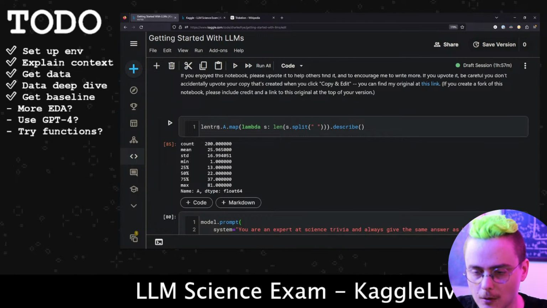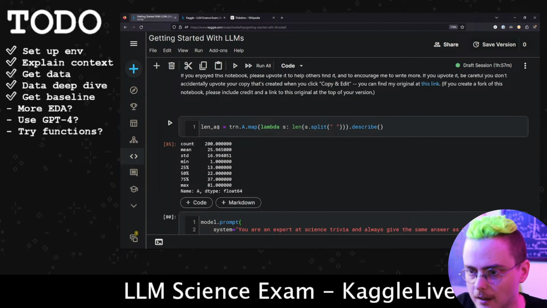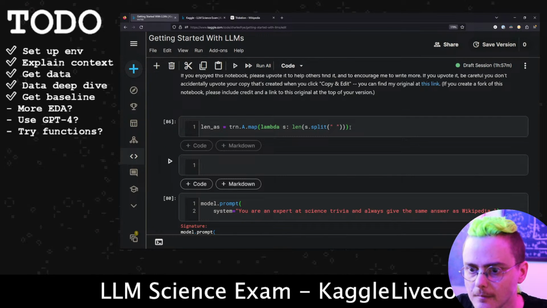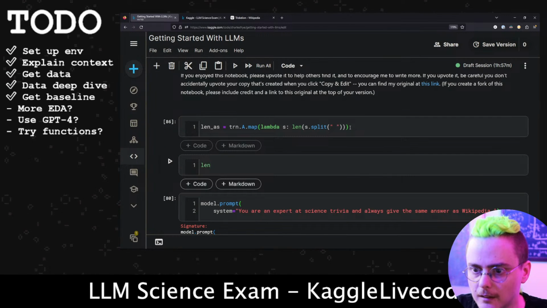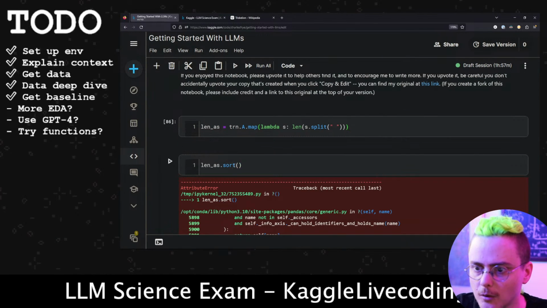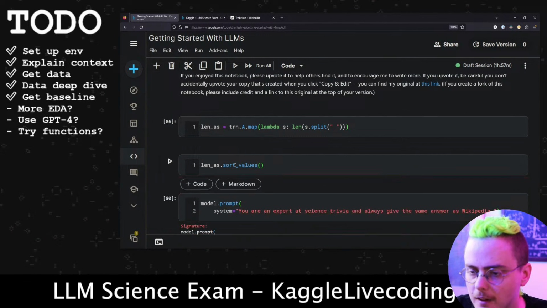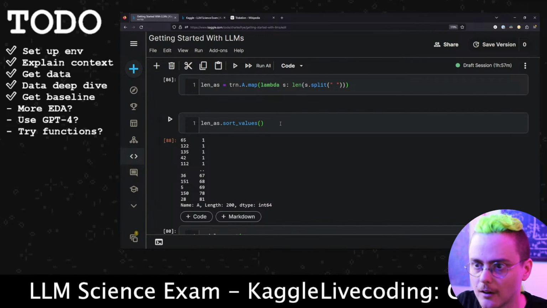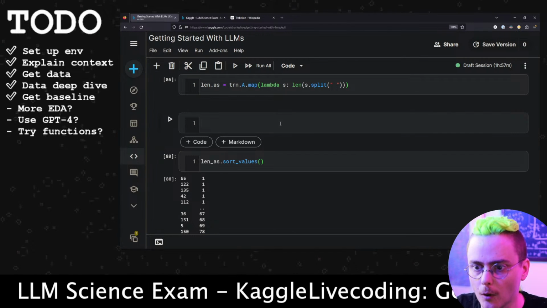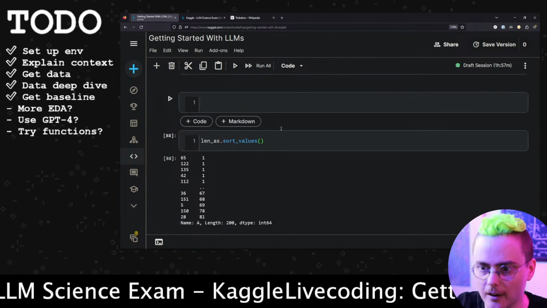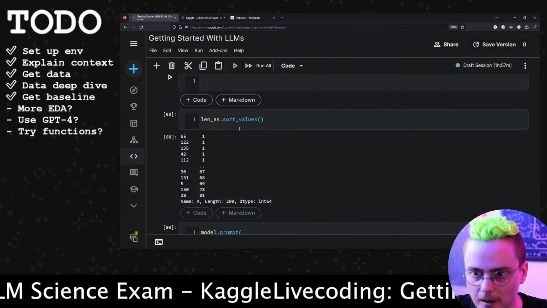Let's do len A's. Is that without the describe? Len A's sort values, pandas. Okay, so we got a couple that are only one word according to this.